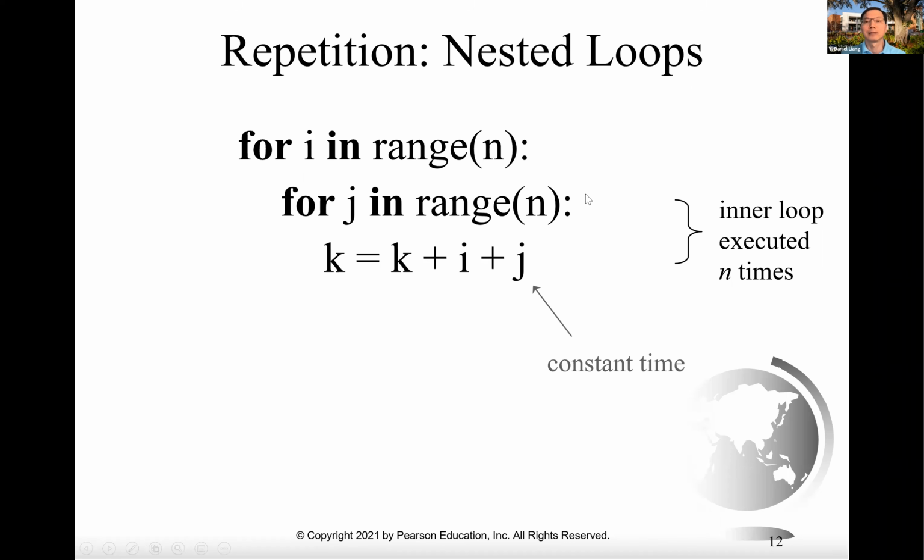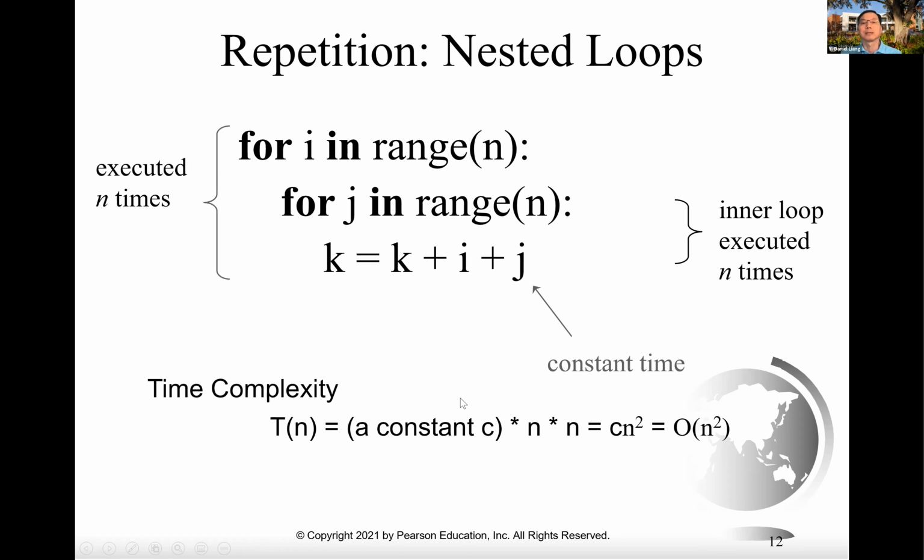This inner loop is n times, and for each iteration of the outer loop, you do one run of this inner loop. So the total complexity is a constant times n times n, which is O(n squared). So the complexity for this nested for loop is O(n squared) time.